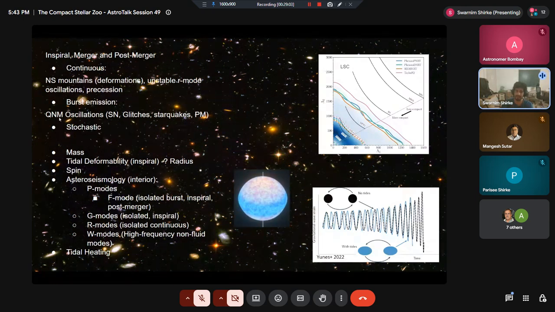Another thing is oscillations. If you perturb this neutron star, or something comes and gives it a push, like some other object comes nearby, or during the formation itself it doesn't settle, the star can start oscillating, like you see in the GIF here. This happens even on Earth.